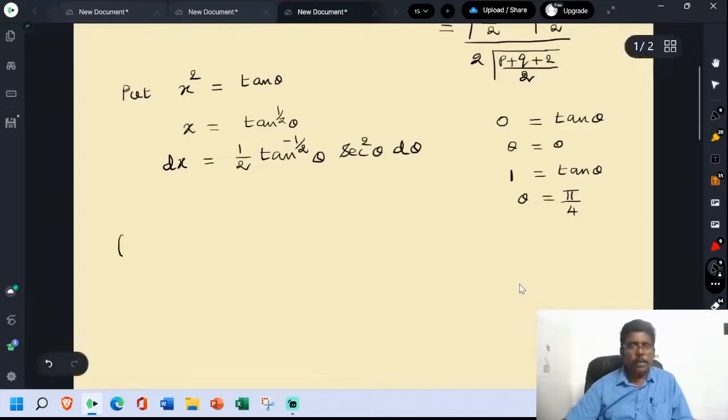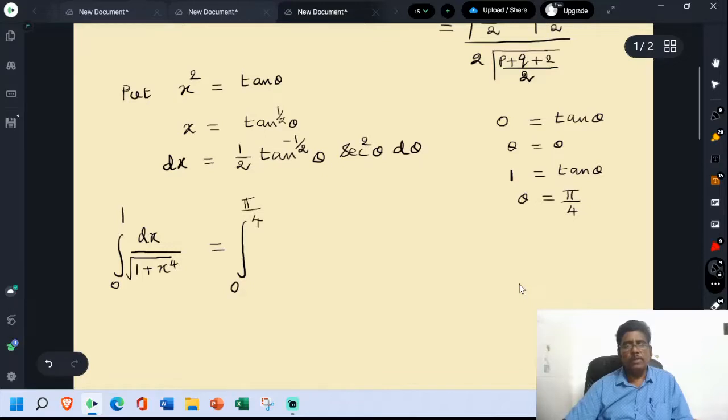So the integral, limit varying from 0 to 1, dx divided by root of 1 plus x power 4, is equal to the integral limit varying from 0 to pi by 4.